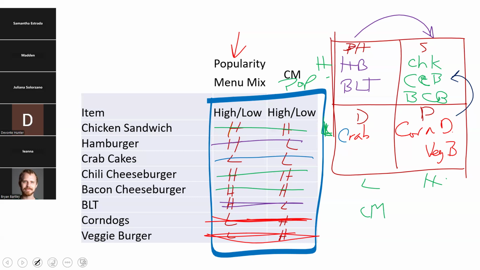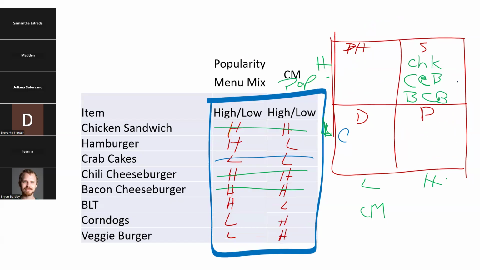It's not enough, right? And so maybe that's why my BLT is so expensive, because I have 8 pieces of bacon on there. So if I change my recipe to maybe 6 or 5 pieces, I'm going to lower the cost to make it, keep the menu price the same, and then that might move it over to the star category because it is popular. People do like it. There's lots of things to consider.